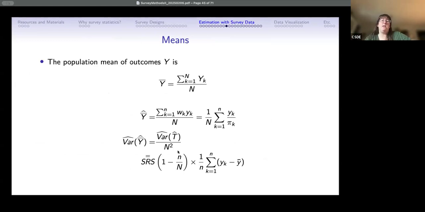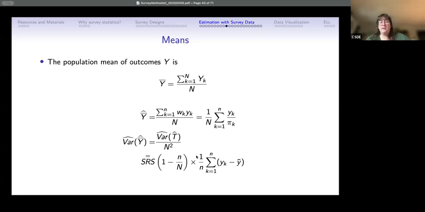And just like what we talked about at the very beginning of this lecture, how there was the finite population correction on the binomial or the hypergeometric variance of a random variable, we see that under a simple random sample, we would also have a finite population correction on the variance of the population mean. That also is going to decrease that variance as we see more and more of the population, eventually to where if we were to see the whole population, there would be no variance. We would have observed the truth.